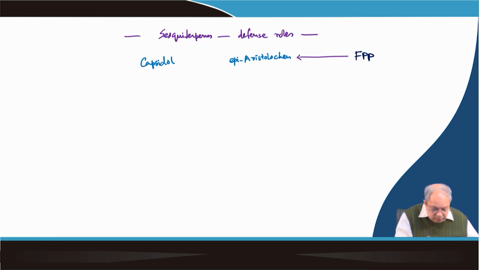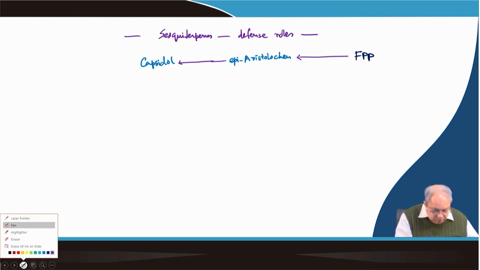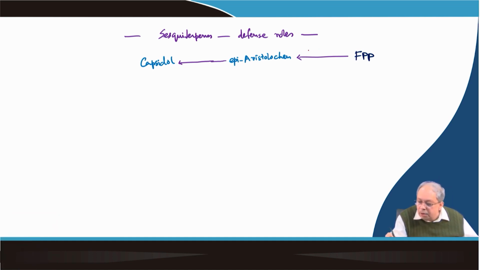And the epi-aristolochene synthase enzyme contributes to the formation of this product, epi-aristolochene synthase, that is nothing but a part of sesquiterpene synthase.